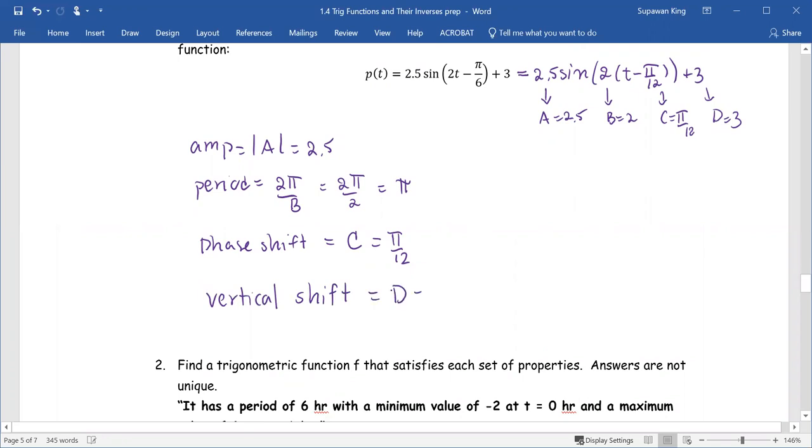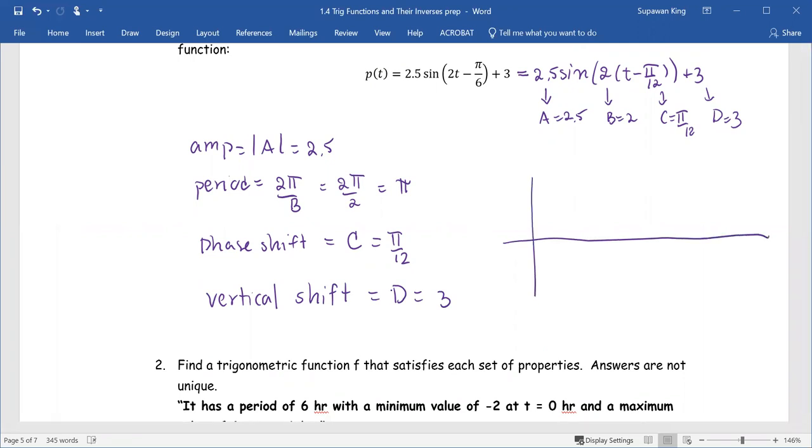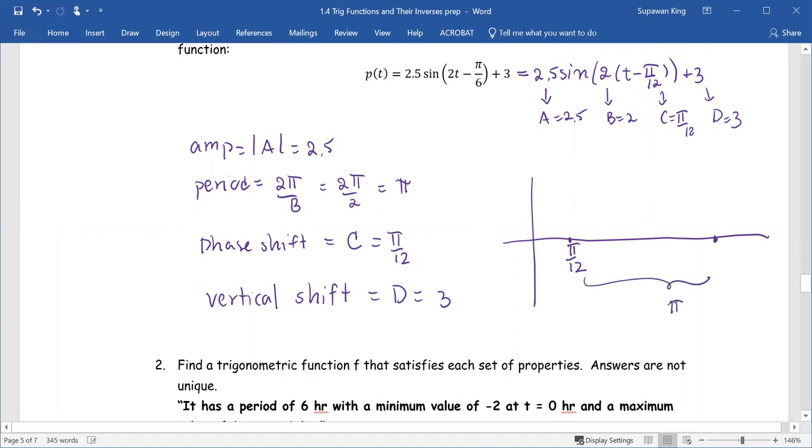If you look at the graph, you would get one cycle that starts at pi over 12 with the period pi. So this point will be pi plus pi over 12, or 13 pi over 12.